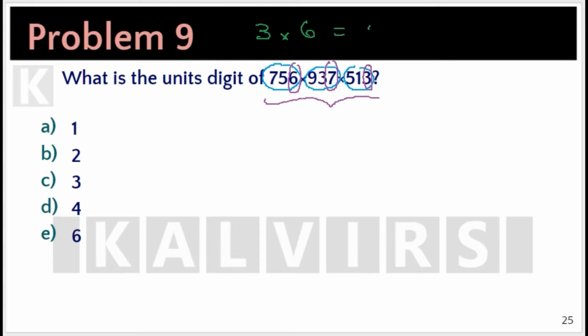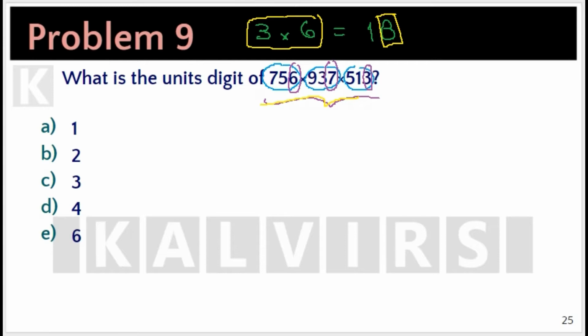For instance, 3 times 6 is 18. The unit digit of the product is 8. We need to do something similar in this question. Do we need to calculate the whole product in order to know its unit digit? The unit digit of the product is equal to the unit digit of the product of the unit digits of the factors.